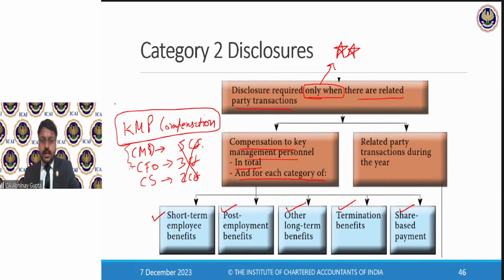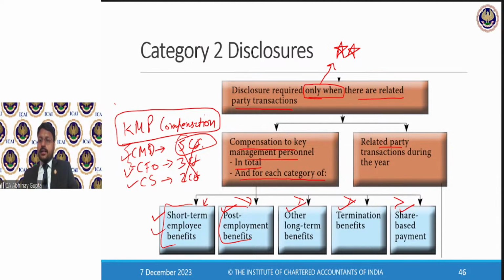What I need to say is, I will categorize all the compensation into these 5 categories, and then I will state that these are the total amounts paid to all these KMPs, right? So category-wise disclosures I need to make, instead of ending up disclosing their CTCs. Okay. So this is required to be disclosed.